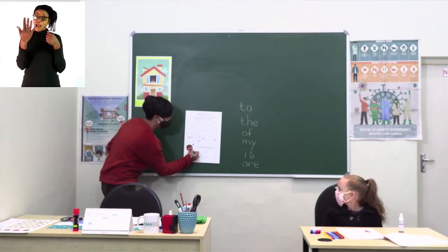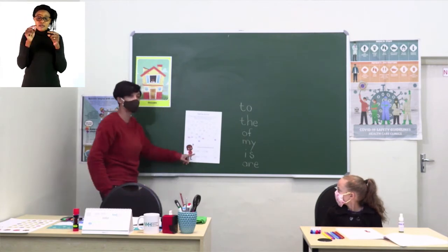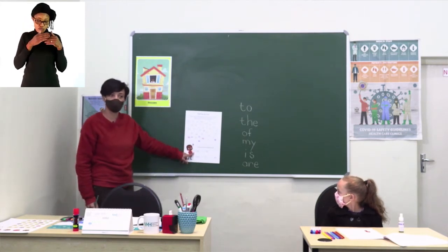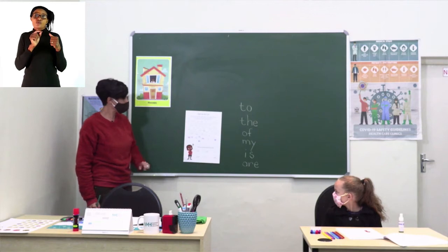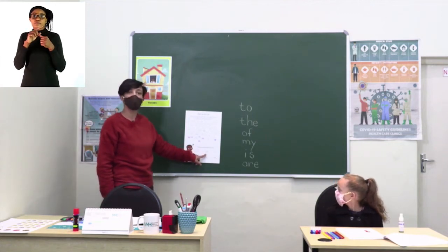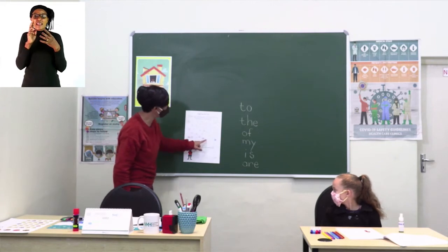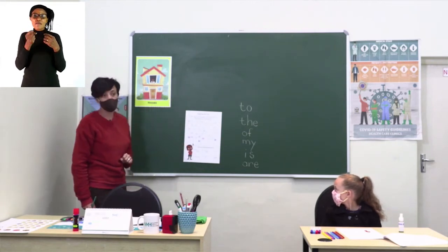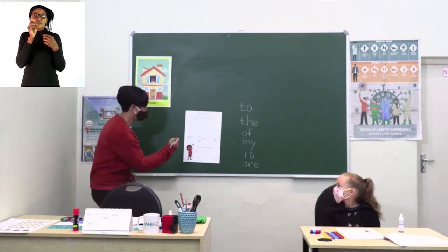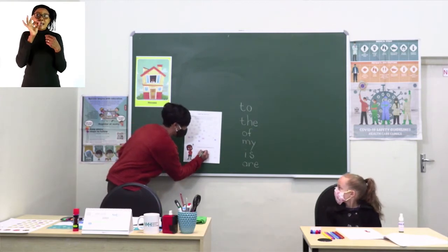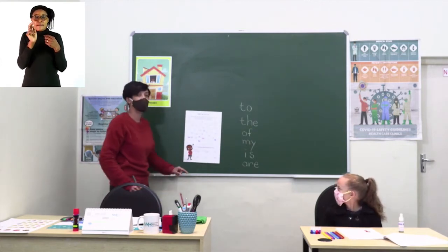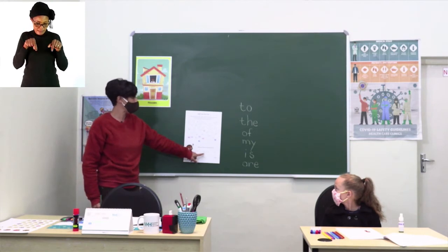So now we will write the number 5 in this block next to the word to. Let's go to the next one, the. How many the did we see here on top? We have seen 9. So then I write the 9 in the block next to the word the.